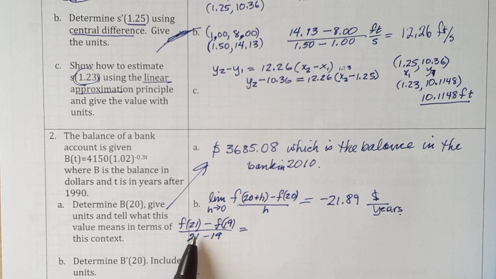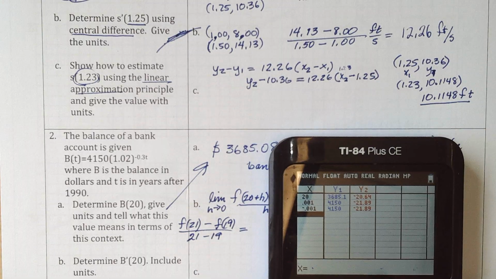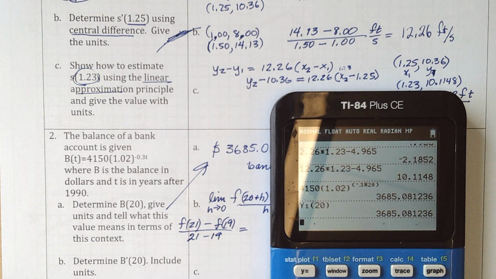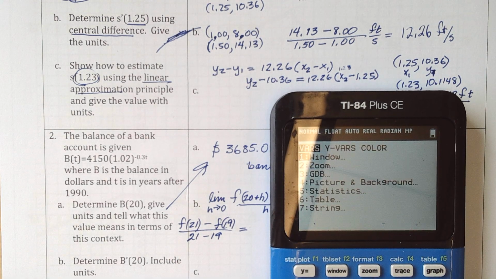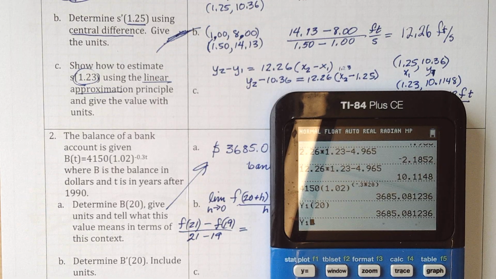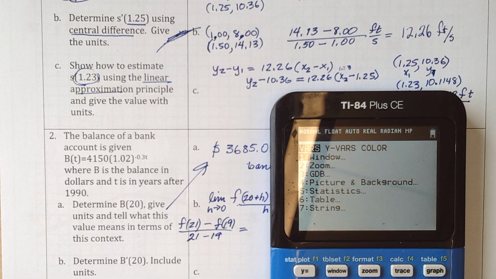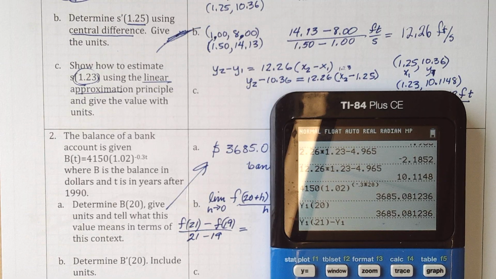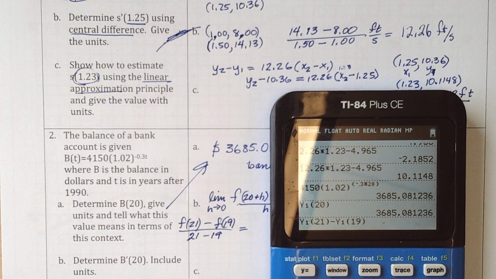Now let's do the central difference theorem. To do that, I can just go to my home screen and say y of 21, vars, Y-variables, function, y1 of 21, a little bit after, minus vars, Y-variables, function, y1 a little bit before, parentheses 19, and all of that has to be divided.